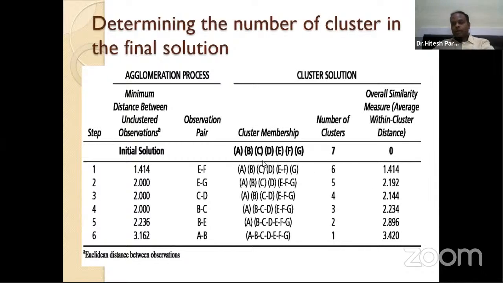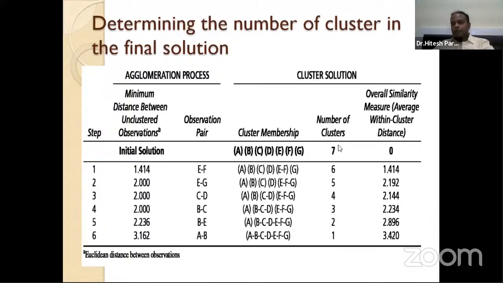So what we have done, we moved from 7 clusters to 1 cluster. So suppose you have 200 respondents, then SPSS will start from 200 and it will end at 1 cluster.